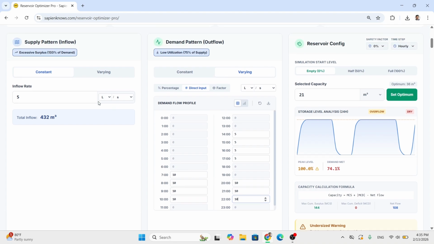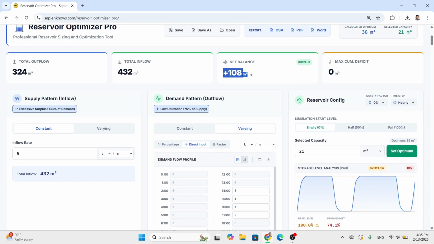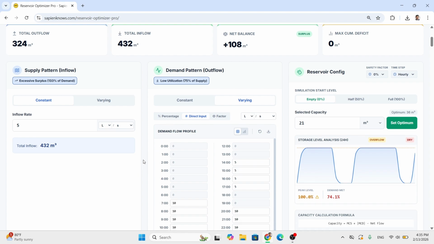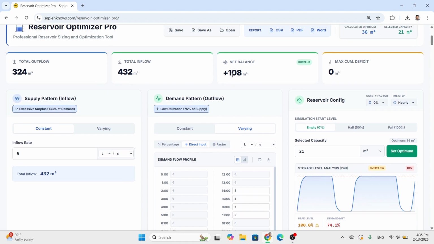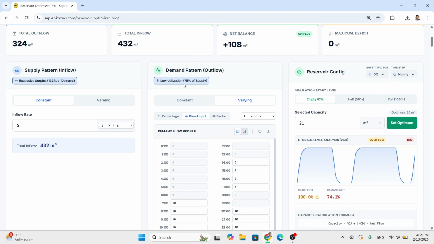So in this case, where the inflow is 5 liter per second and the outflow is varying, we have 10 to 5 at various times. So we have an excessive surplus and a low utilization. There is a high gap between inflow and outflow, so we don't need to draw as much water. If our demand pattern is fixed, we don't need so much water.